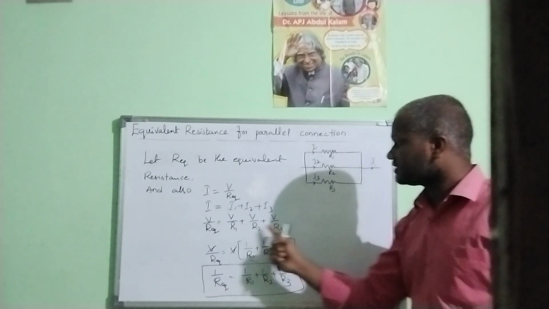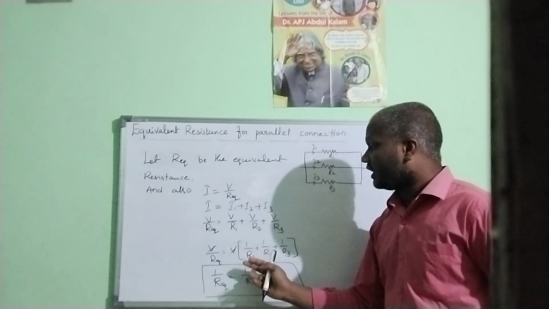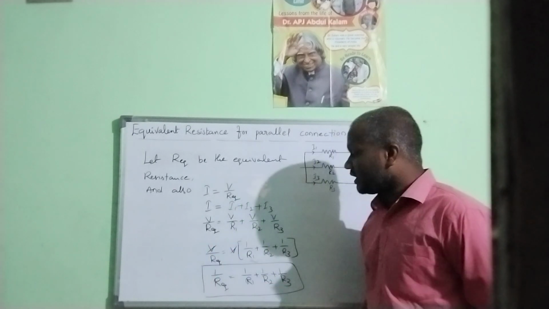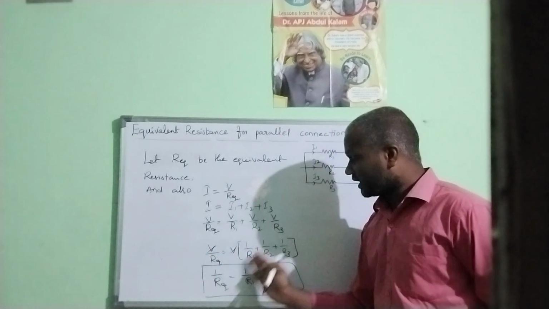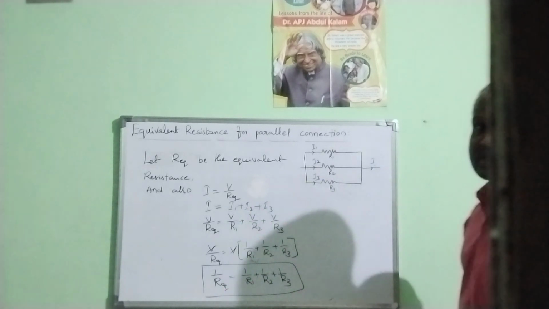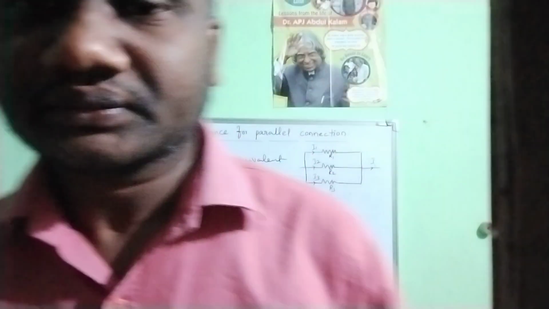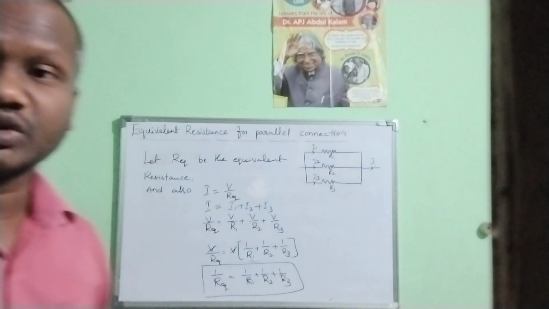By substituting these values in I is equal to I1 plus I2 plus I3, and cancelling the common potential difference, we get the final expression: 1 by R equivalent is equal to 1 by R1 plus 1 by R2 plus 1 by R3. It is also very important, please go through this first.